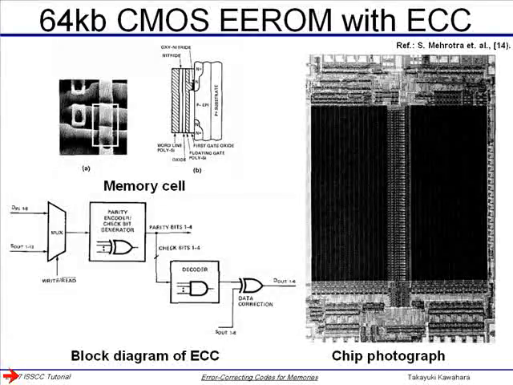Lastly, the true example is for the EEPROM, a flash memory example that I conclude with. This is also an old work, a 64-kilobit CMOS ROM with ECC.